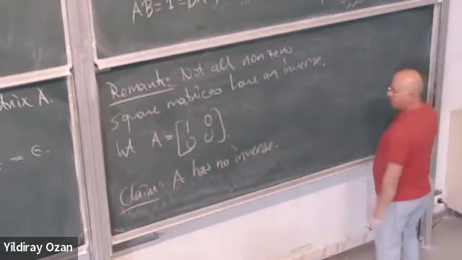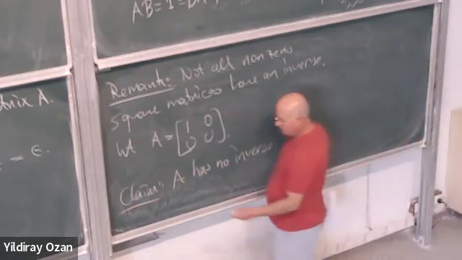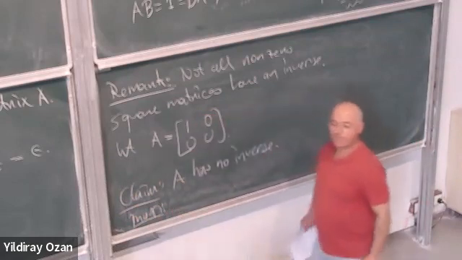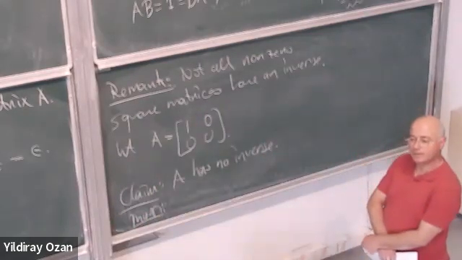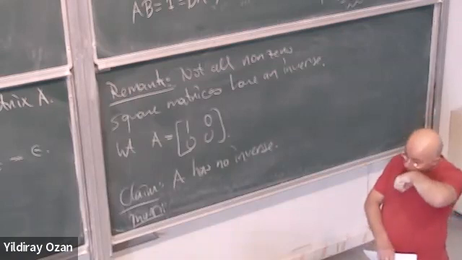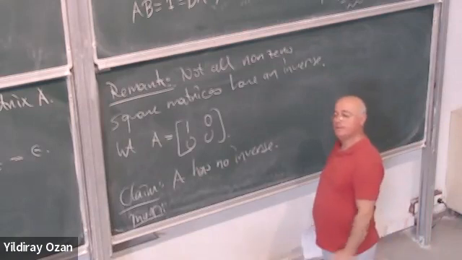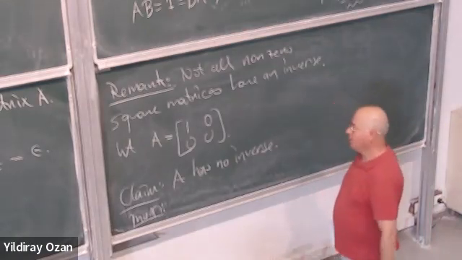Why is that? For example, maybe we can write equations. When we multiply this one with a square matrix, for example, x, y, z, t, if it has an inverse, that would have an identity as a result.